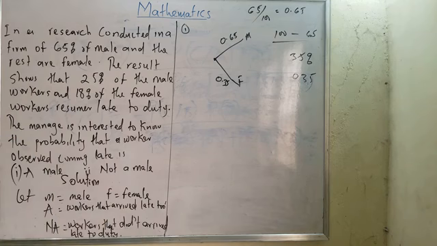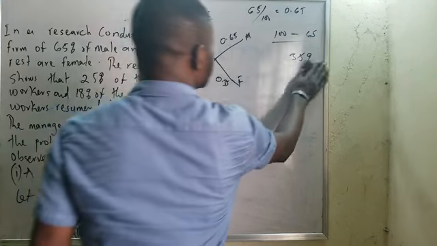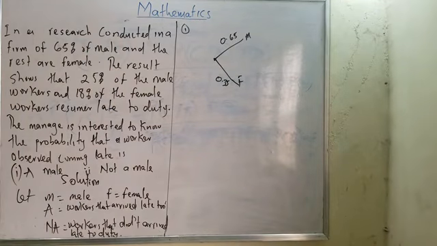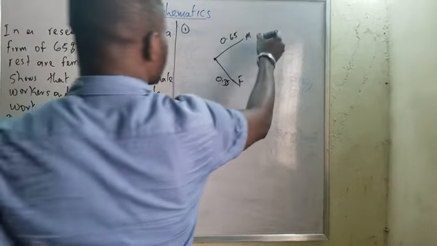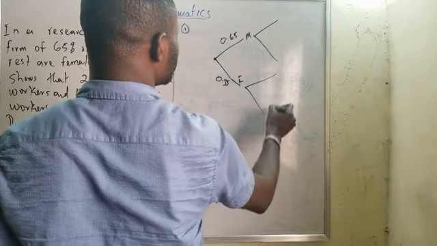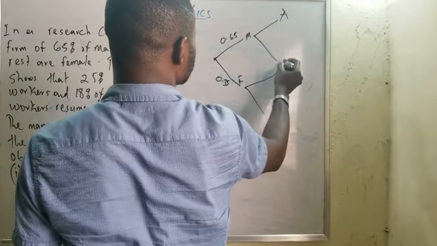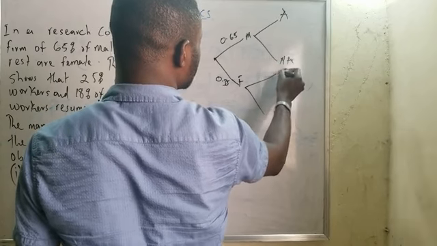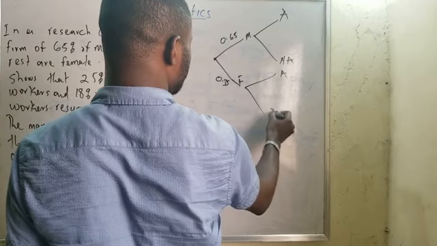Now, the next thing I will move on with is working on the tree diagram. From my male and also my female, I will construct another branch. This one will be A, and this one will be A', and also A, and this one A'.